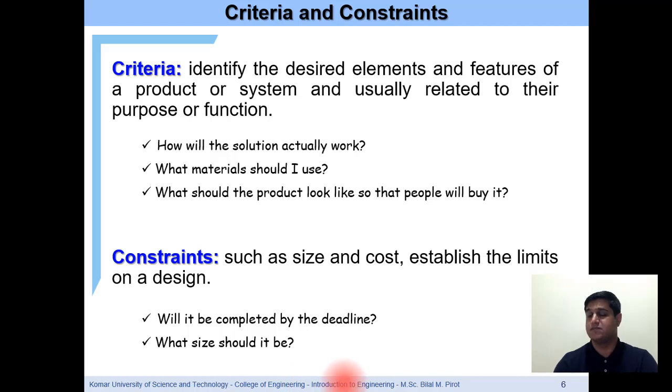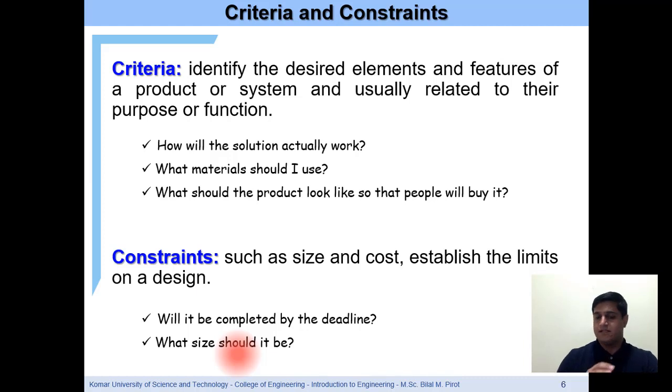What size should it be? Okay, the size of your project, the size of your product. Sometimes it may be a problem for you for designing something with a suitable size. It depends on the type of the project. If it is a construction project, the size may be something. If it is a project related to the computers or IT services, the size may be something else.